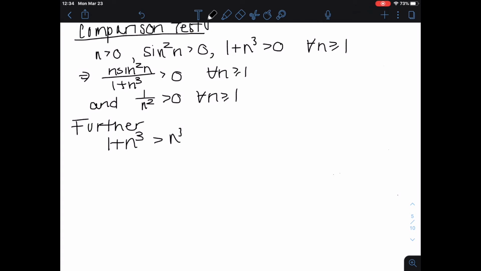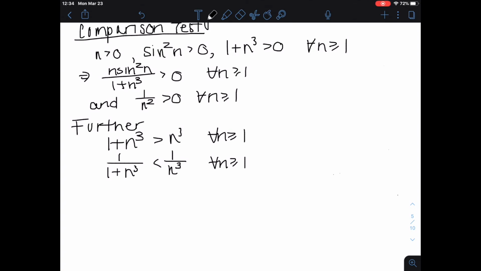And this is true for all n greater than or equal to 1. Okay? So when you take the reciprocal, you get the reverse inequality holds true for all n greater than or equal to 1.